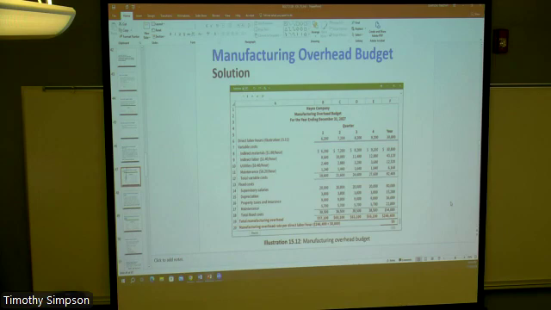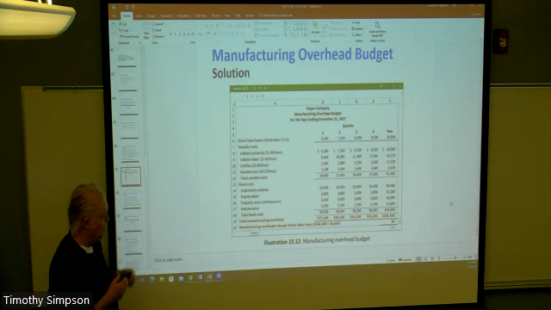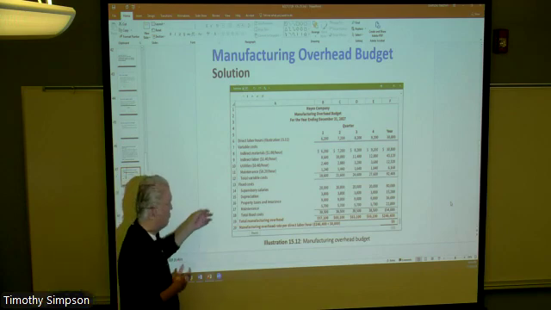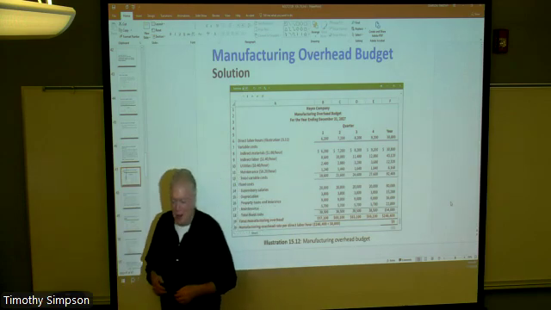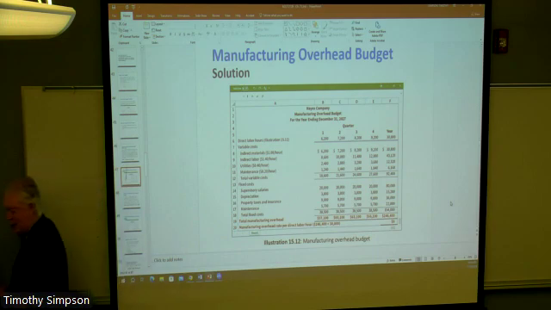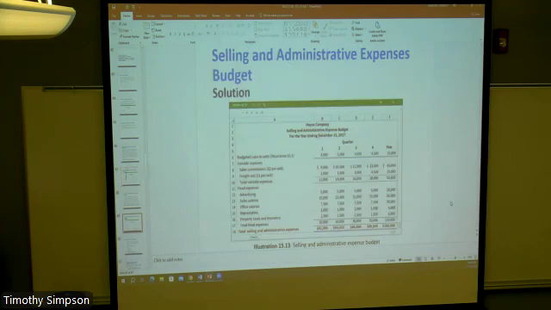And because we may produce multiple products over multiple facilities or different production runs, we've got to spread these out. We have to have a rational way of doing it to attach them to the product costs themselves. Whatever method we use, which is not necessarily made clear here, the idea is that we want to make sure those costs go into product costs and not general administrative costs.